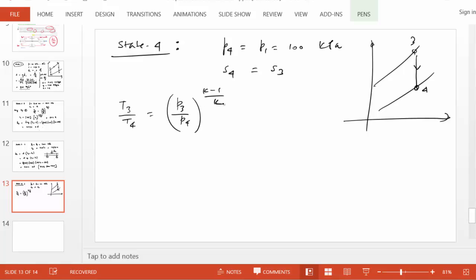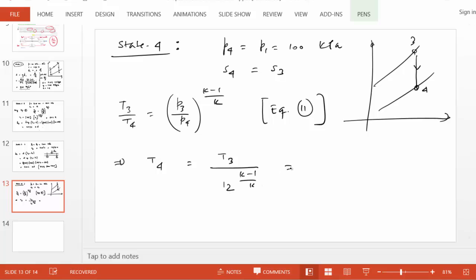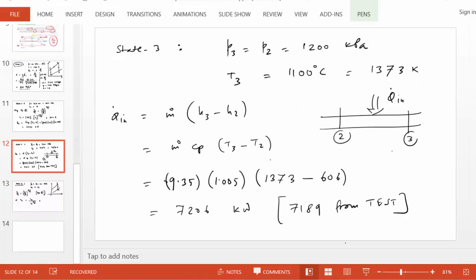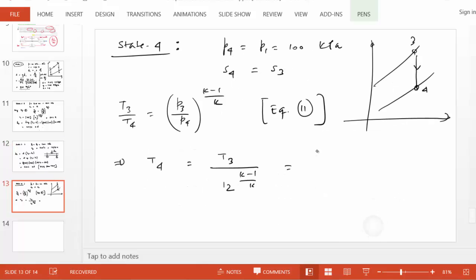Again, we used it for the compressor also, equation 11 from the formula sheet. So therefore T4 will be T3 divided by 12 to the (k minus 1) over k. T3 is 1373.